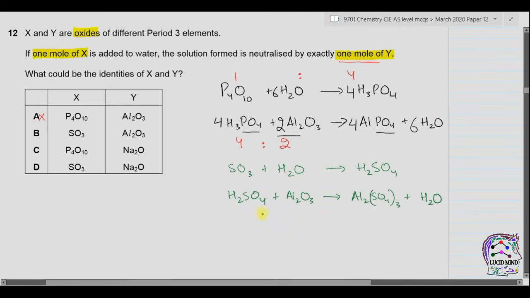Now we can see the ratio. Balancing this chemical equation, the ratio in the first one is 1:1. Balancing the second chemical equation, we have 3 sulfate ions on the product side, so we can write 3 with H2SO4.